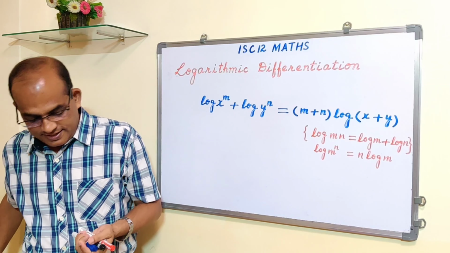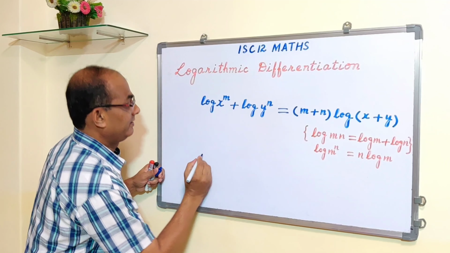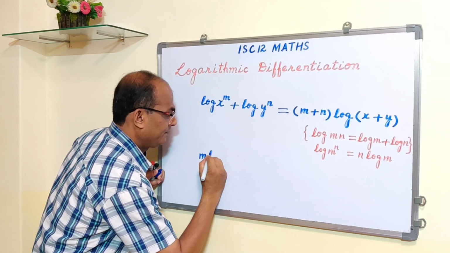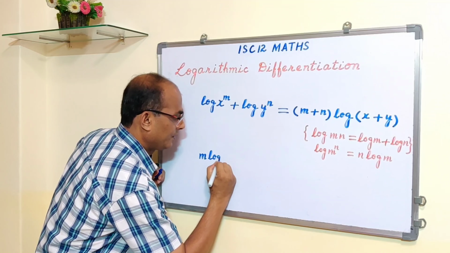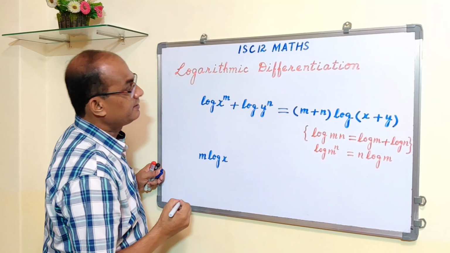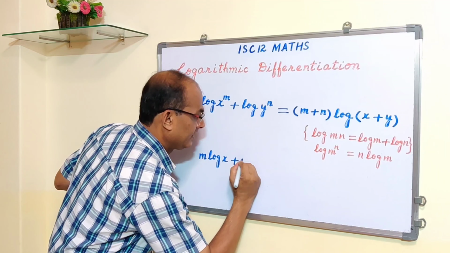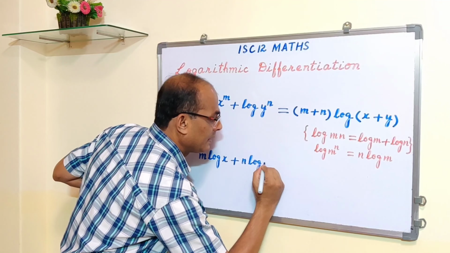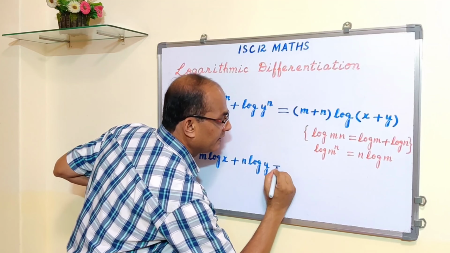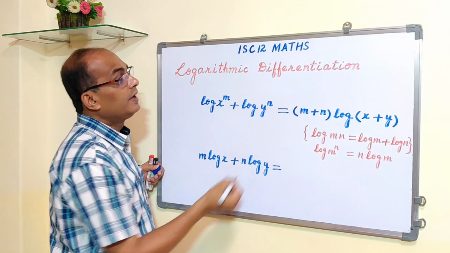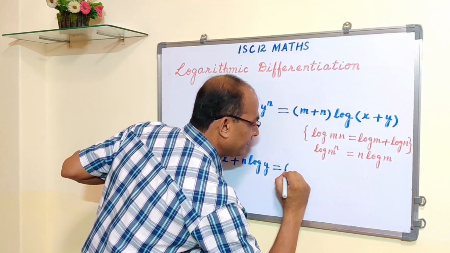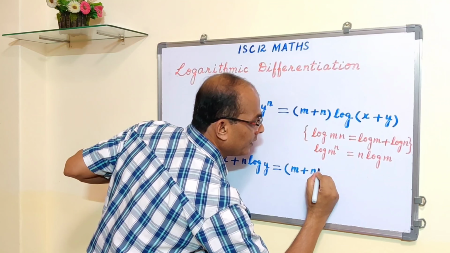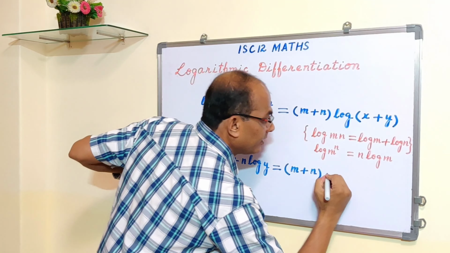So next step we write m log x plus n log y is equal to m plus n log x plus y.